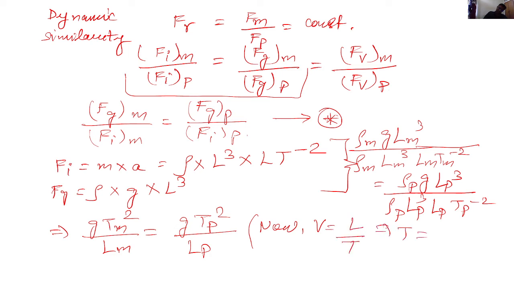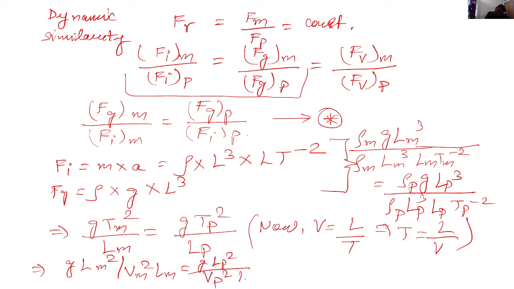So time can be represented as L by v. Just substitute into this expression, we get G Lm square by Vm square Lm equal to G Lp square by Vp square Lp.